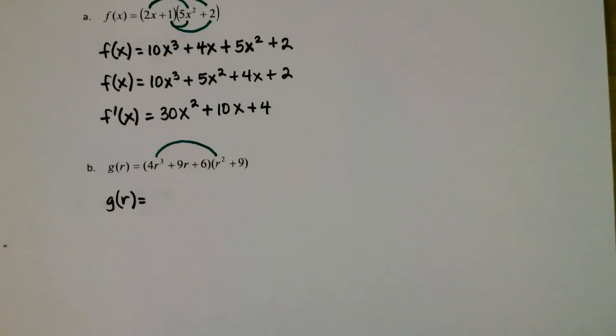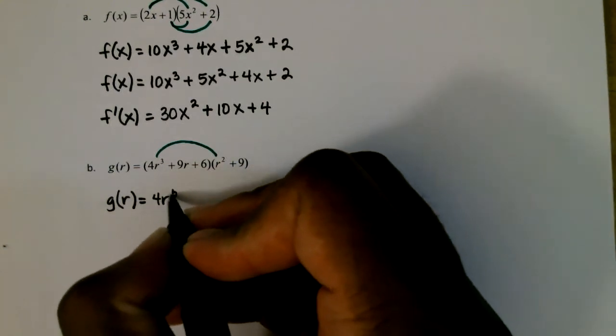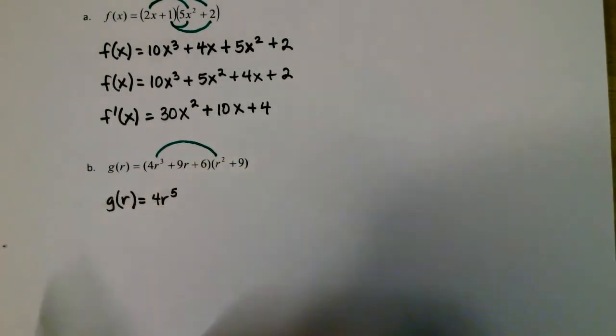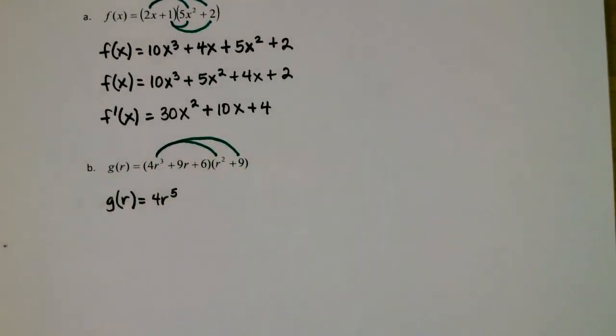So if I have 4r cubed times r squared, that's going to be 4r to the 5th, and then 4r cubed times 9.